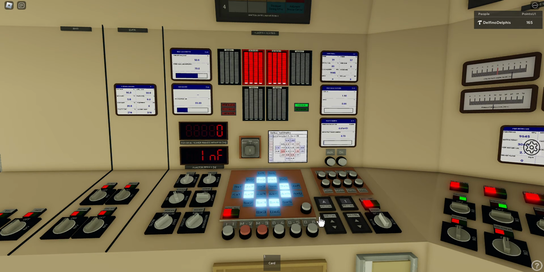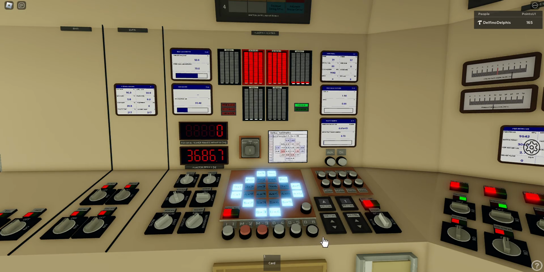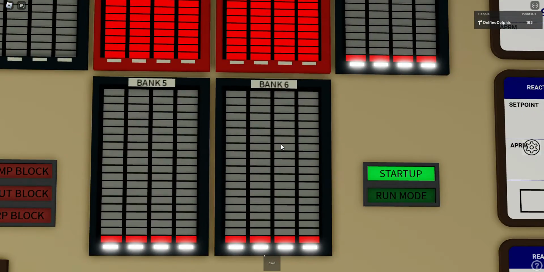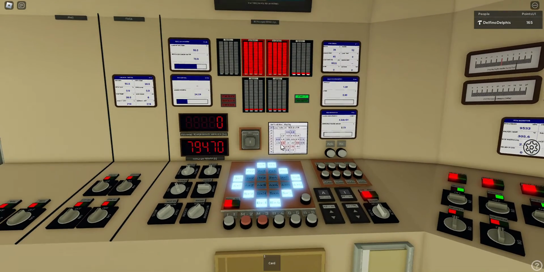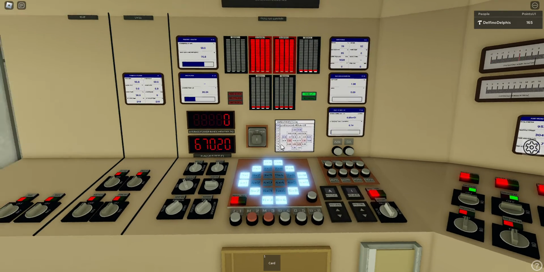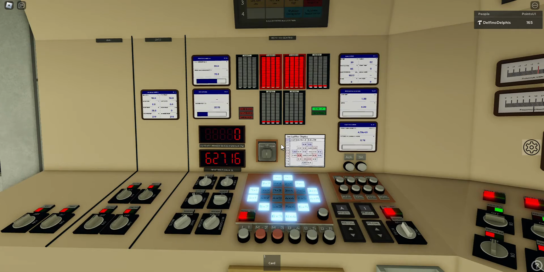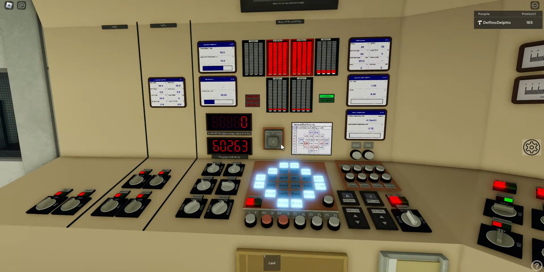So I will deselect. Now we can start pulling the other banks. So let me start with this 3. I will pull the middle just in a moment, because the middle heats up quickest, so I don't want to pull it yet.